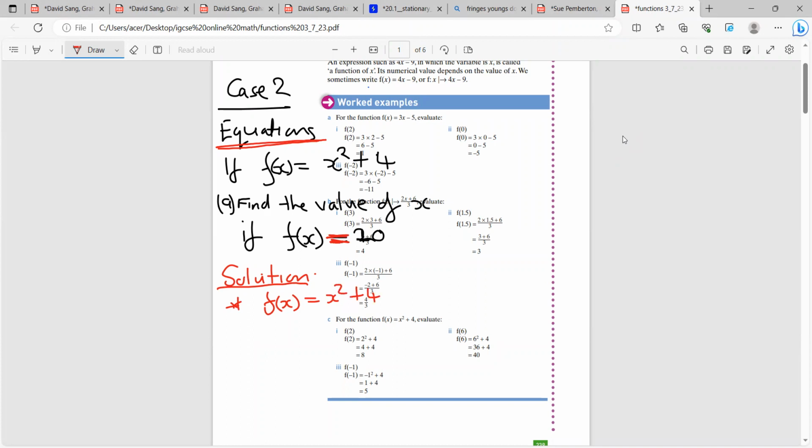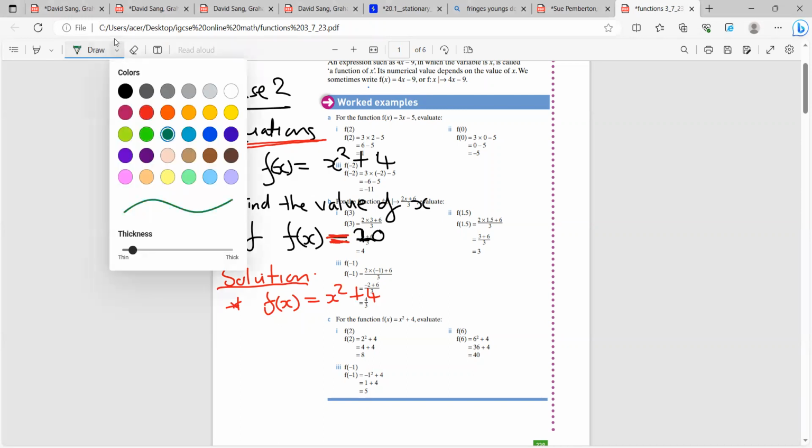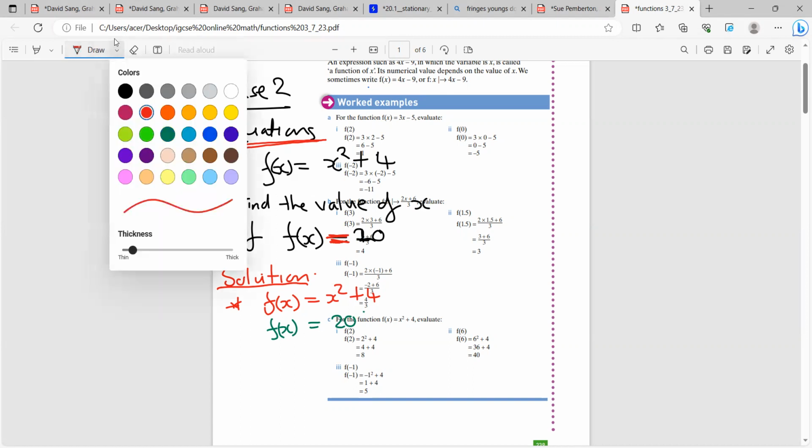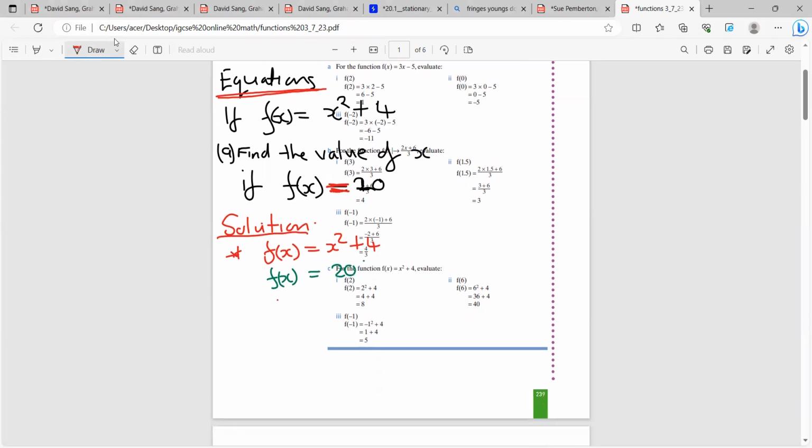And then in the question, they are saying f of x is equal to 20. So you can see that we have two f of x's, and we have different values for each one of them. So what we can do is we can say green equals red because f of x is just f of x. So let me do this.